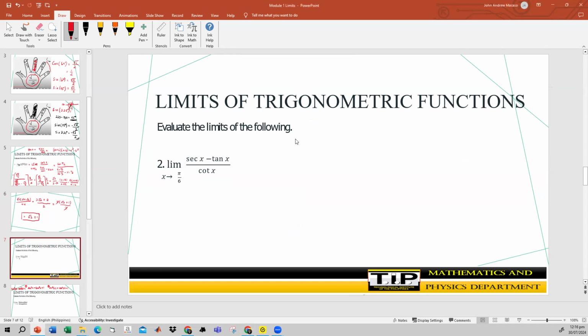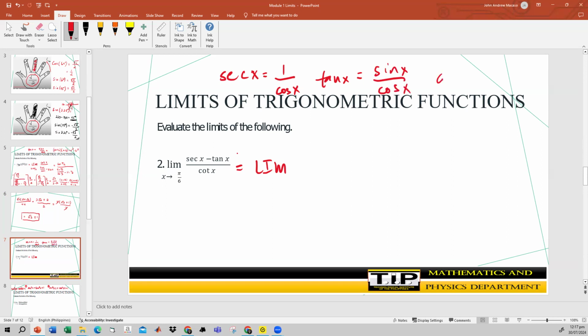Okay, so now what we will do is we'll just simplify this first in terms of sine and cosine. So in that case, this can be evaluated as the limit of secant. We know that secant x is just equal to 1 over cosine x, right? Then tangent x can be written as sine x over cosine x.